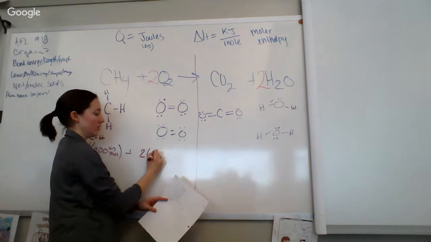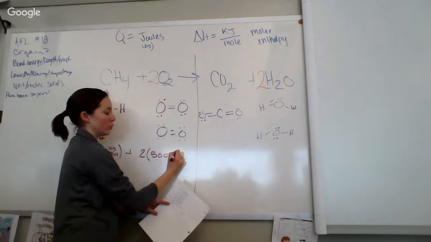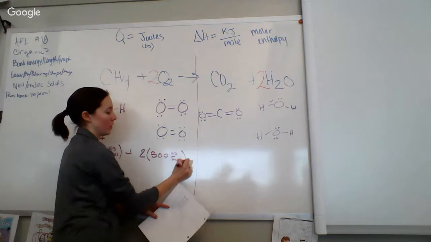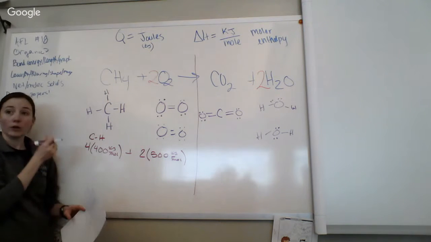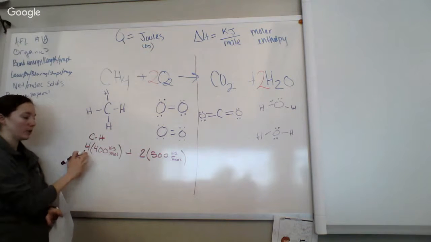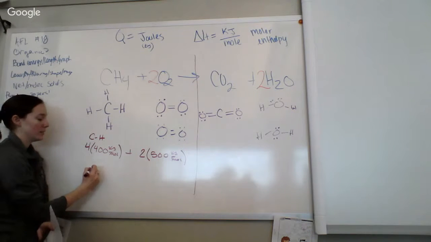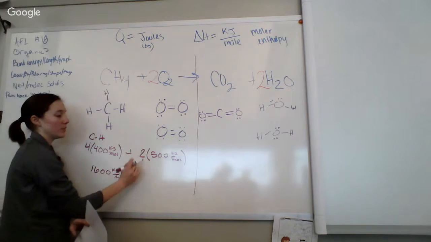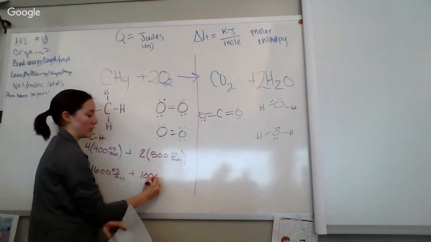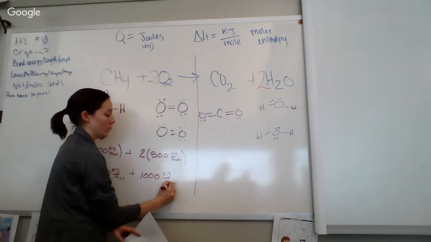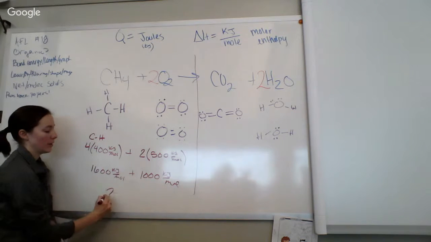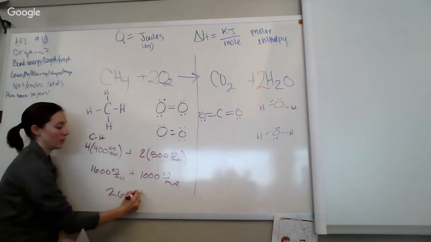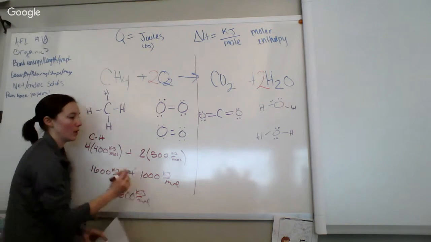So oxygen is 500 kilojoules per mole. So I would find my total of those 2 values. We could go ahead and do that now. So 4 times 4 is 16. So 1,600 kilojoules plus 2 times 500 gives me 1,000 kilojoules per mole. So when I add those 2 values together, I'm at 2,600 kilojoules per mole.